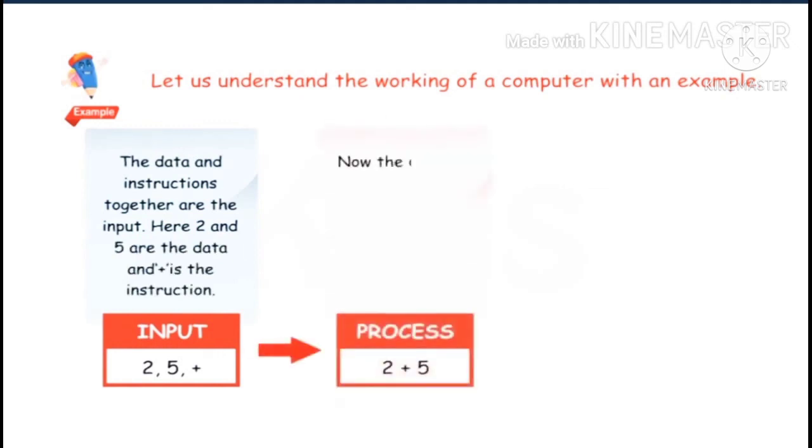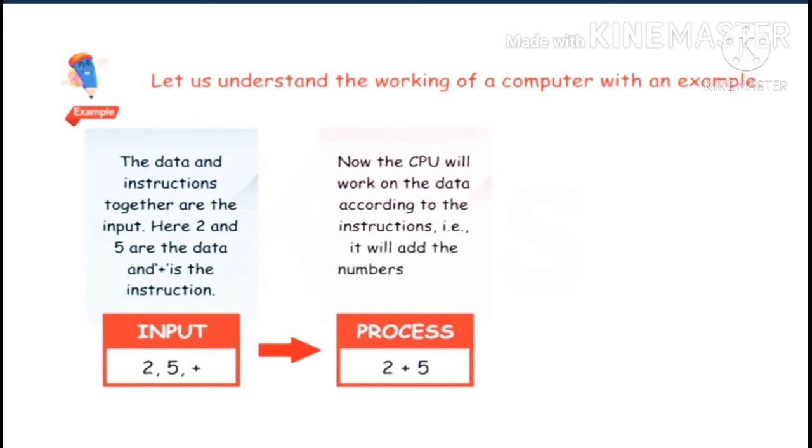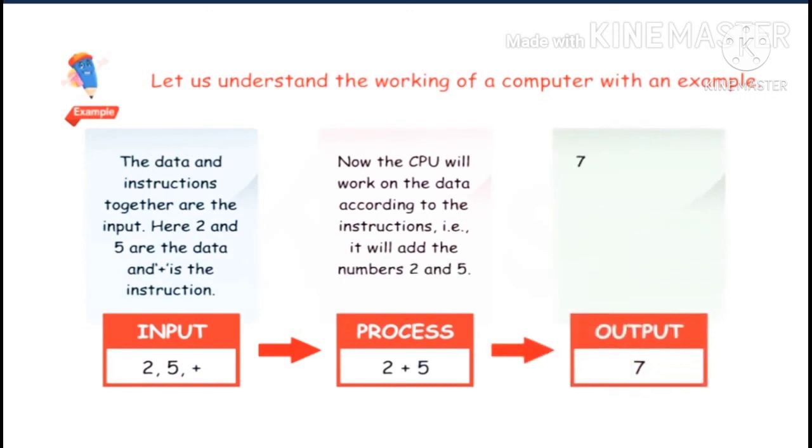Now the CPU will work on the data according to the instructions, that is, it will add the numbers 2 and 5. Then 7 is the correct result or output of the sum 2 plus 5 equal to 7. So dear students, this is our result.